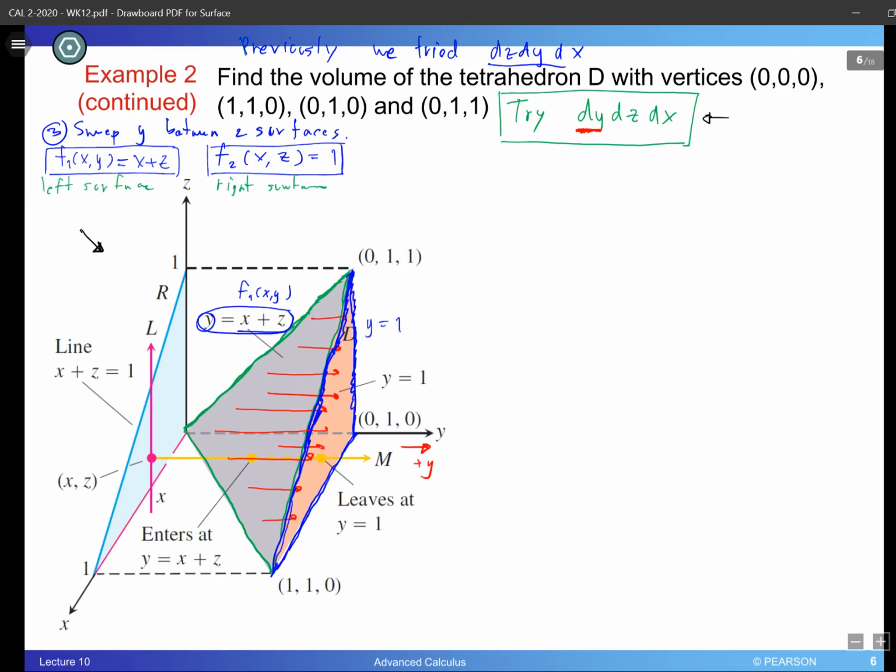Okay, now next thing we are going to do is to find the projection of this object onto the remaining variables. The remaining variables are going to be z and x. So we are going to find the shadow on the xz plane.